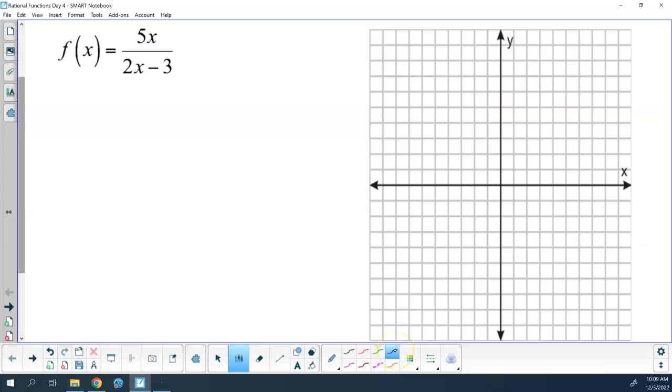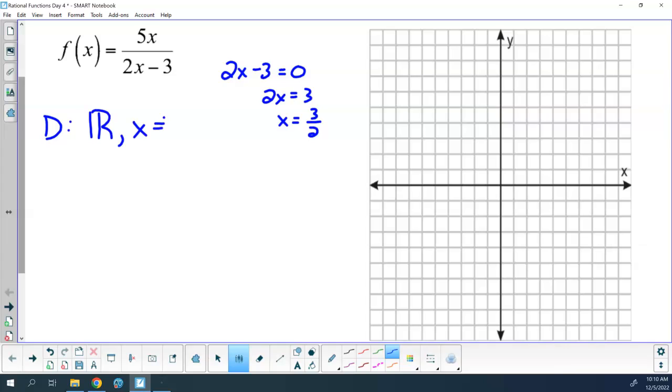So this would be 2x minus 3 equals 0, so 2x equals 3, so x equals 3 halves. Yes? Okay. So what is my domain then? All real numbers, except x cannot be 3 halves.